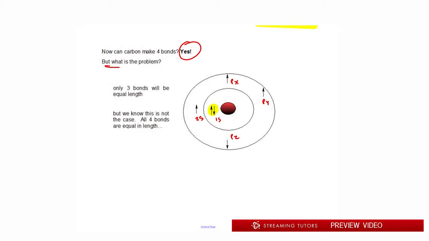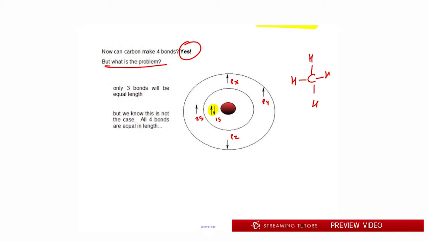But here's the problem. When we look at methane, it turns out that the bond length in all 4 cases to the H's is exactly the same. They're not different. They're all the same length. When an atom makes a bond, its bonds are the same length if it's the same bond type.